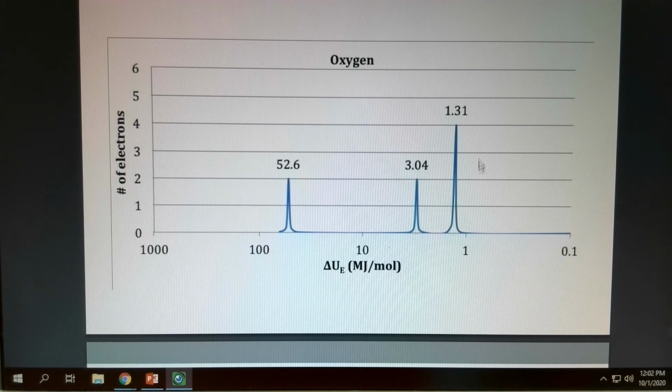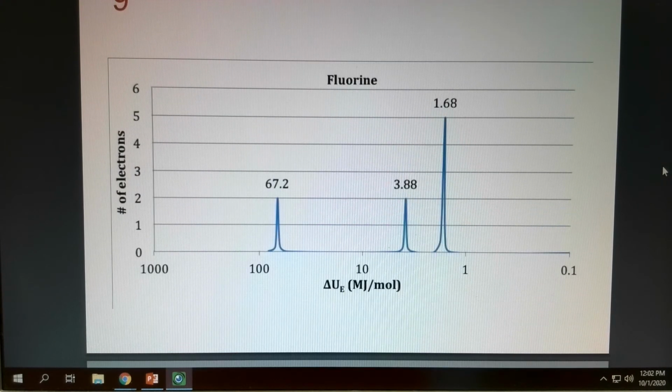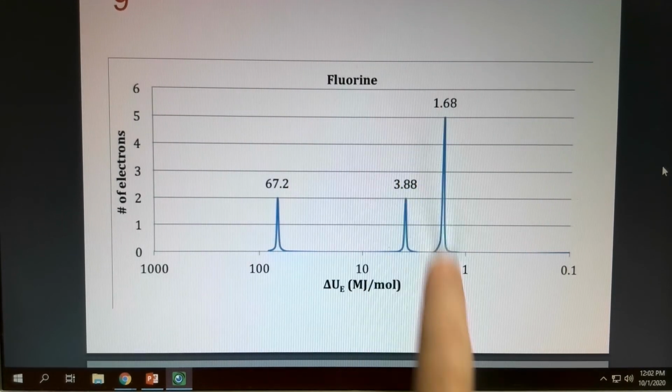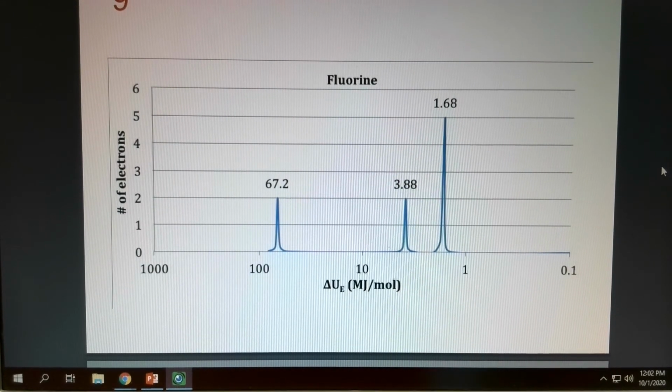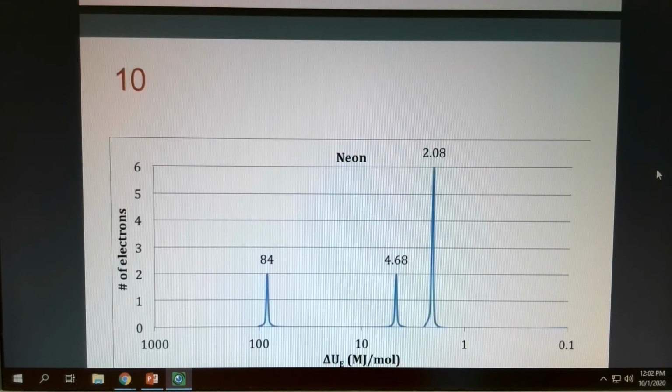Oxygen, now we're adding another one to this peak. Okay, 2p4, that is. Here's 2p5 for fluorine, 1s2, 2s2, 2p5. All right. And then we have neon.